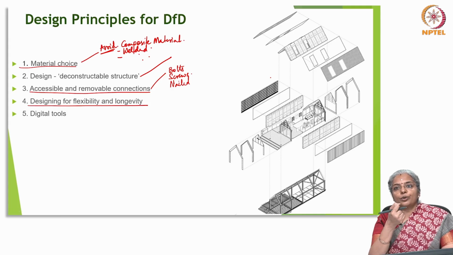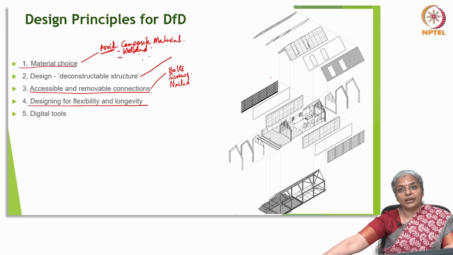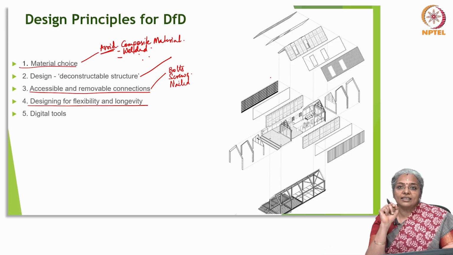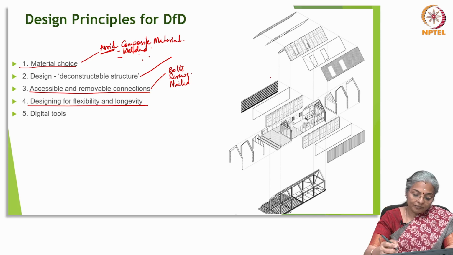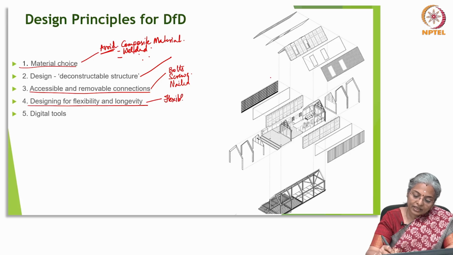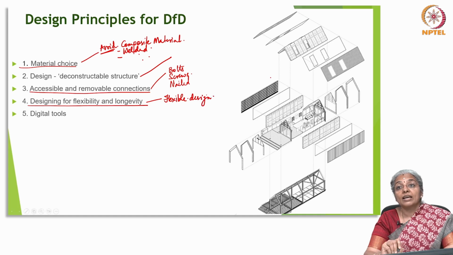Fourth is design for flexibility and longevity. Now, under this what you need to consider is that the material choice is very important. It is very important for you to create a flexible design, which can extend the initial lifespan of a building.